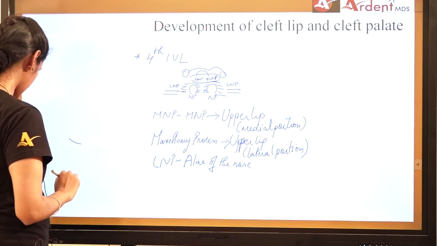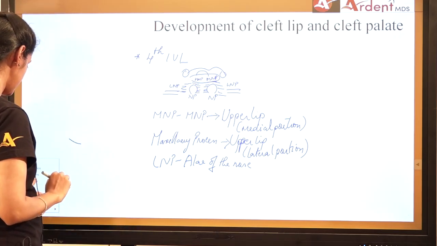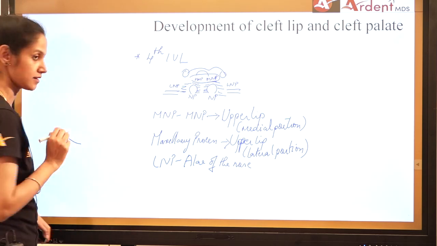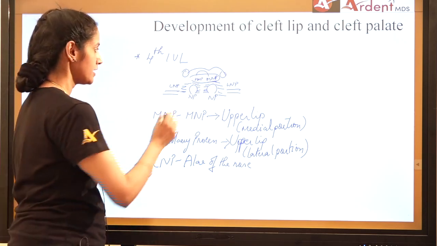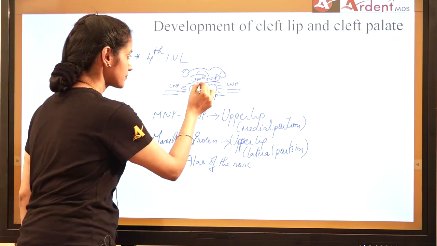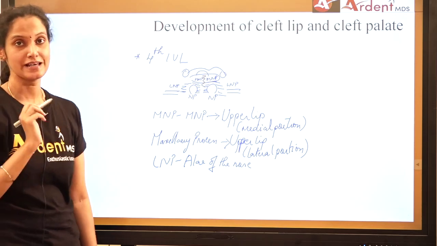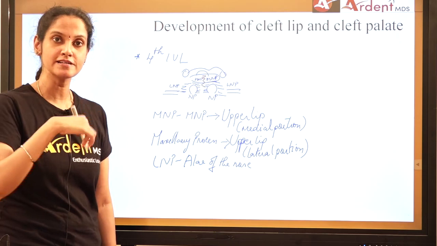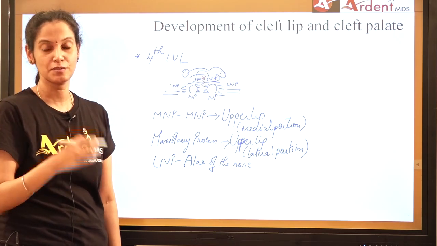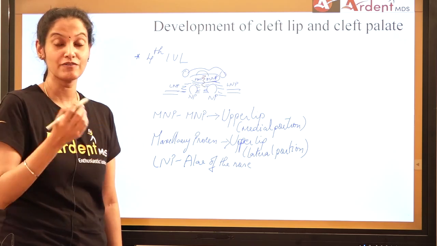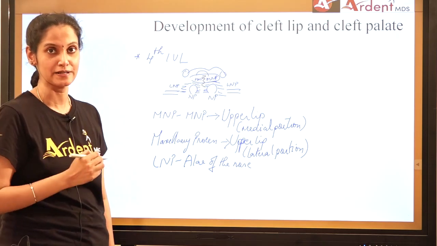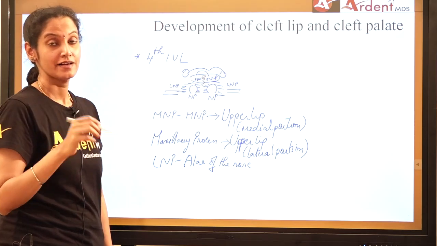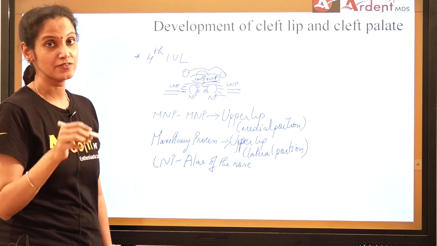So now we know that if cleft lip occurs, the defect will be in the fusion of the two medial nasal processes, or if there is a defect in the maxillary anterior alveolar ridge between the two incisors, what we call the midline cleft of the upper lip and also the midline maxillary anterior alveolar cleft.